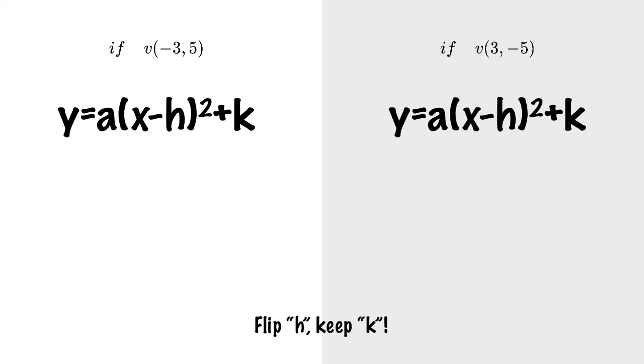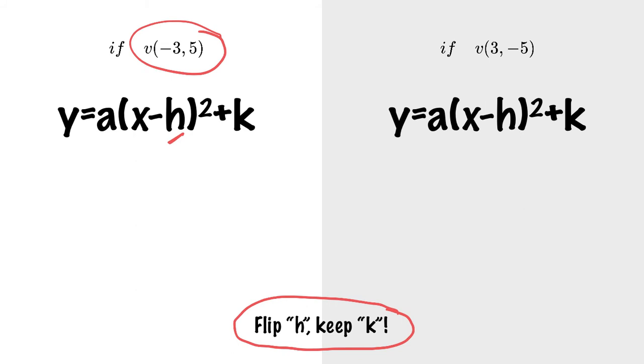So talking just about the vertex, if you look at your equations and think of flipping h and keeping k, you should get it right each time. And by flipping h, I mean changing its sign. And the reason it works this way is because h has a negative sign in front of it. So if I sub in negative 3, 5 for h and k, here's what happens.